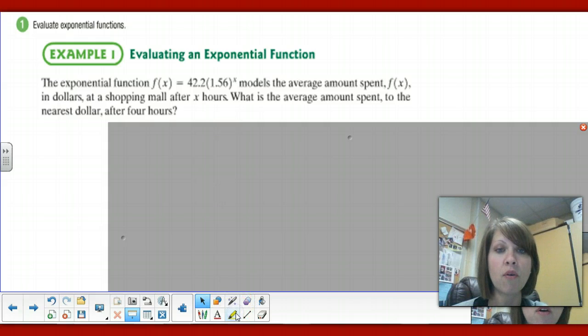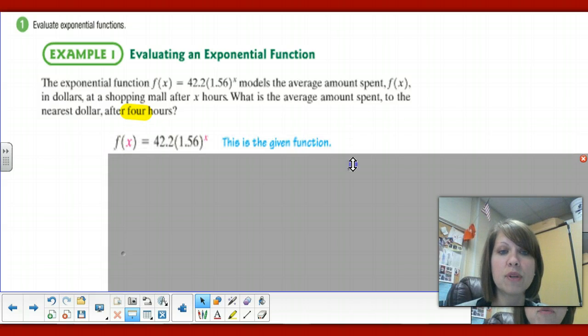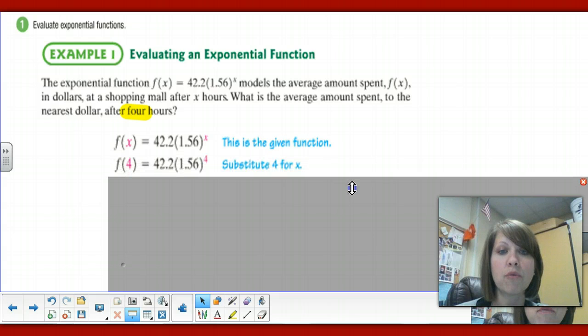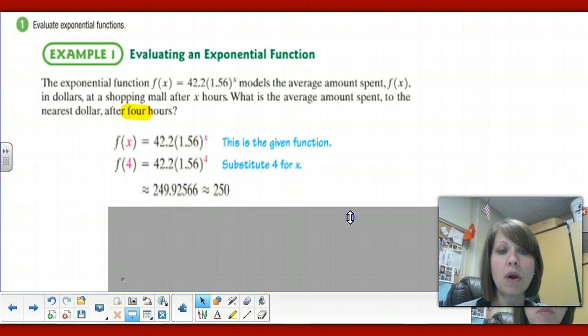And we want to know what is the average amount spent, that would be in dollars, after 4 hours. It also says there, notice, to the nearest dollar. So we might have some rounding to do. So x is our time. And if we take our function and we put in 4 for our time and we approximate, that would be approximately $250. I would want that dollar sign on your answer there.